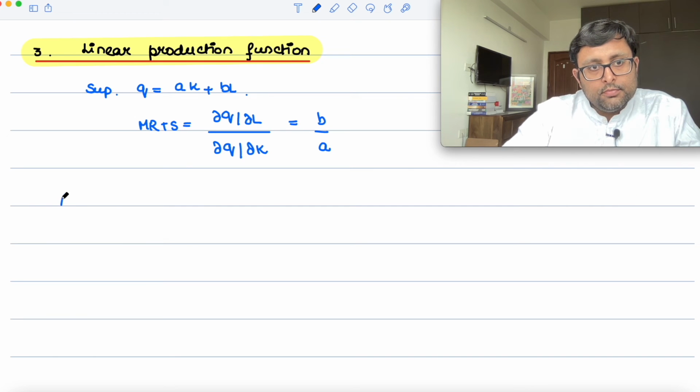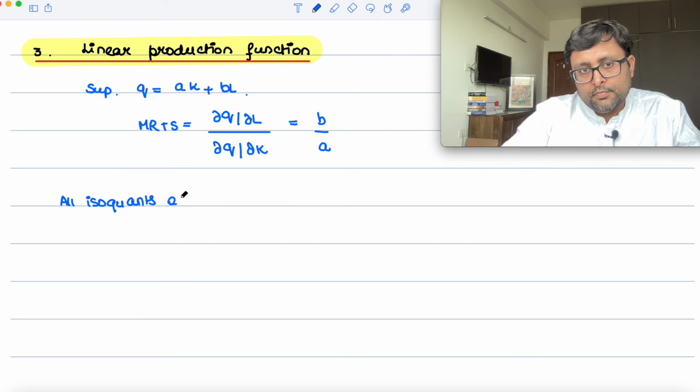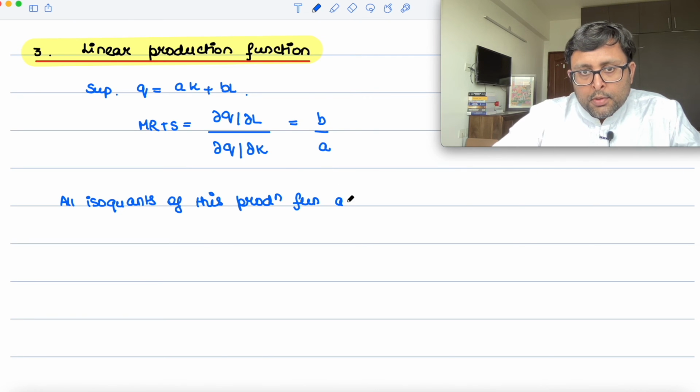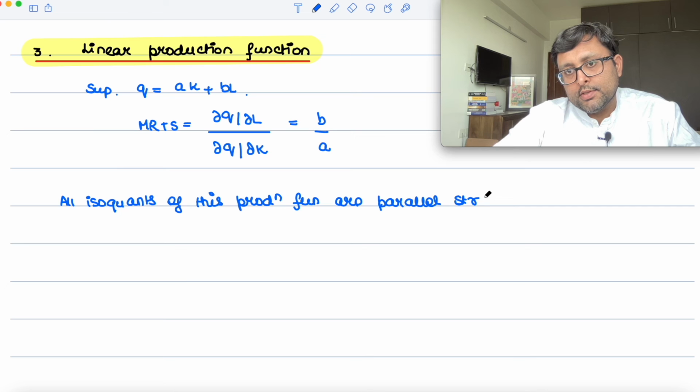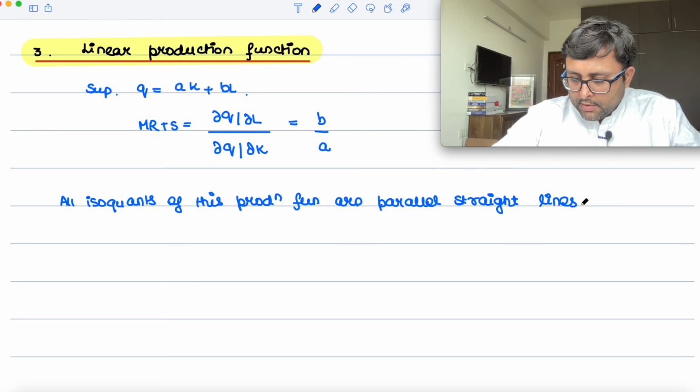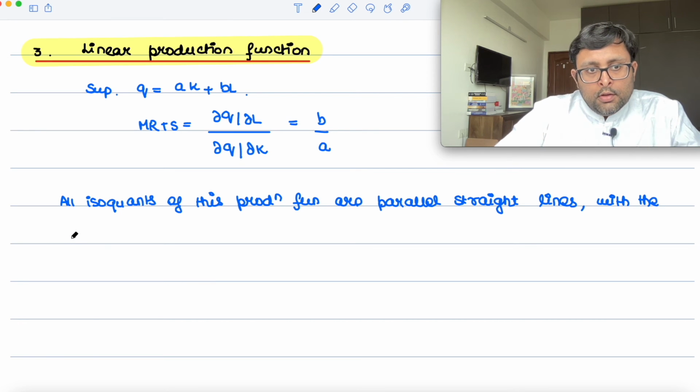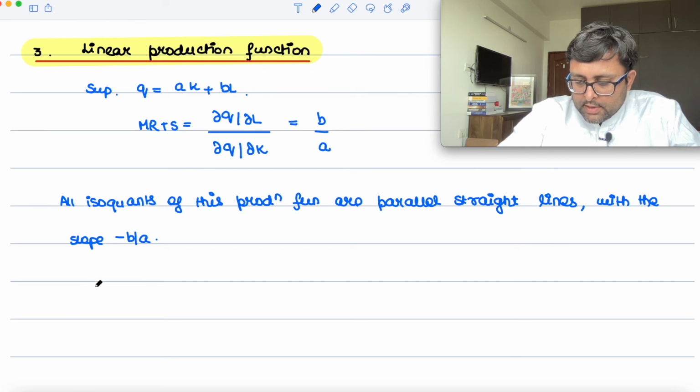So all isoquants of this production function are parallel straight lines with a slope of minus B by A, right?